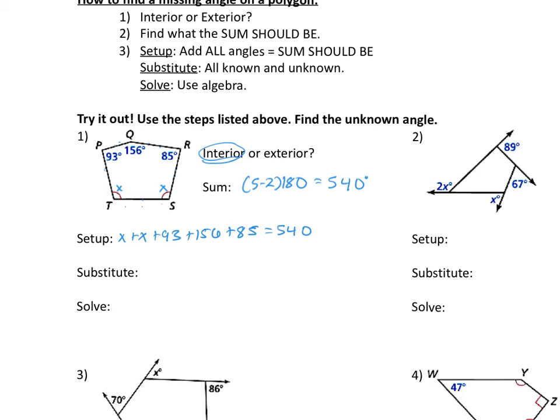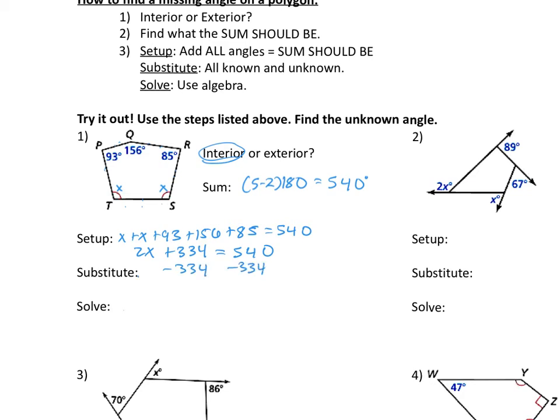I'm going to combine all of my like terms first. So x plus x is 2x. 93 plus 156 plus 85 gives me 334, equals 540. I'm going to subtract 334 from both sides.